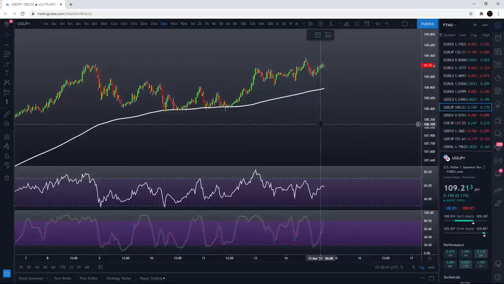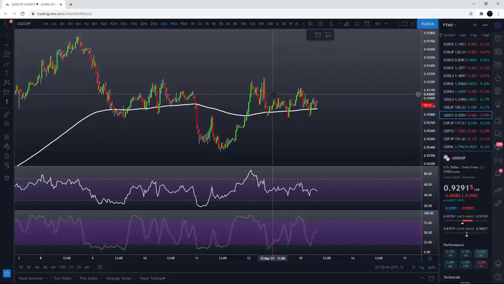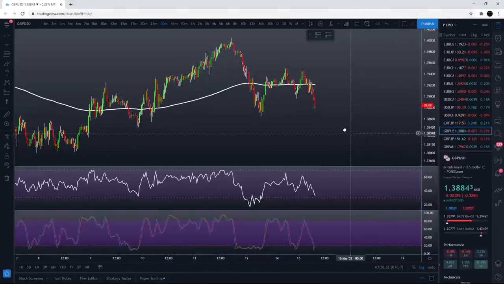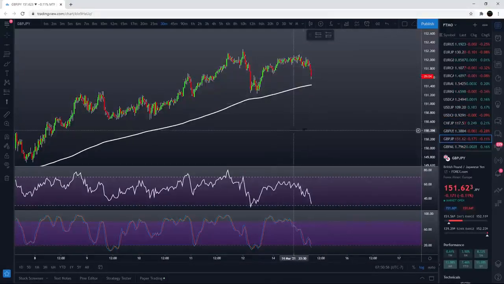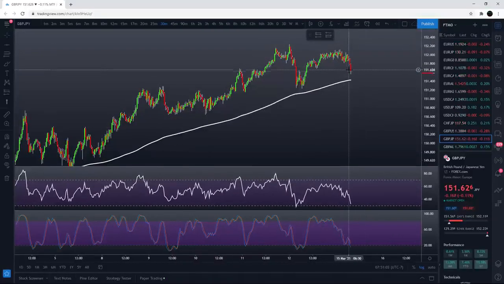Let's see. No, this one's not in a pullback. A bit of a pullback here, but no hidden divergence. It's extended. Extended. Looks like we got a pullback here, but looks like the time to get in was this pullback. Don't have a higher high yet, so we can't really use this pullback here.